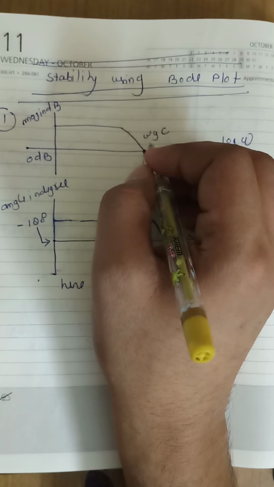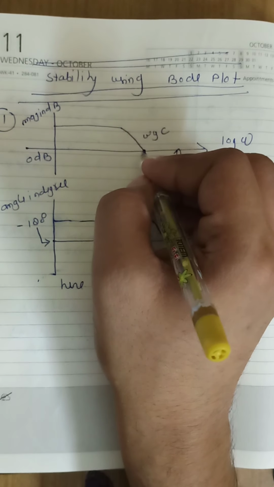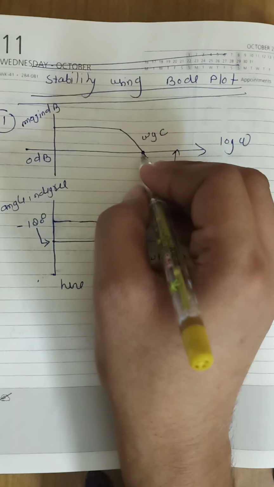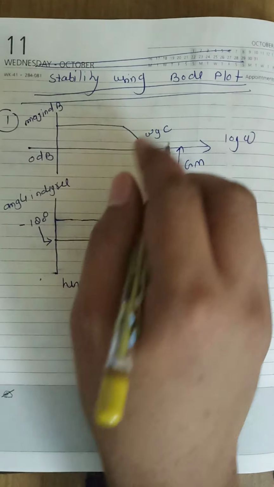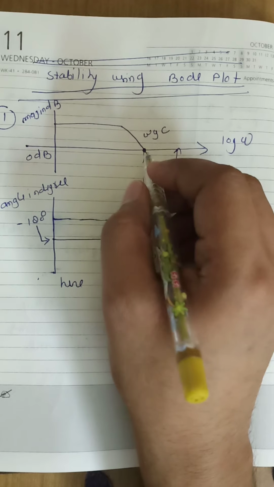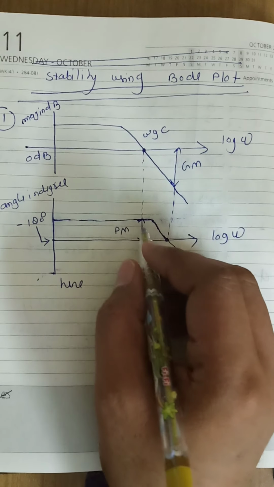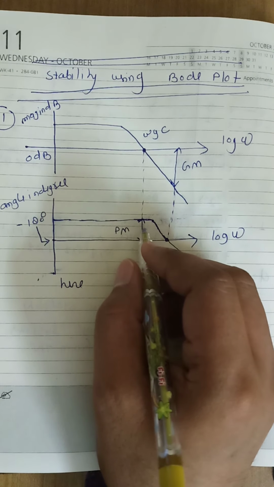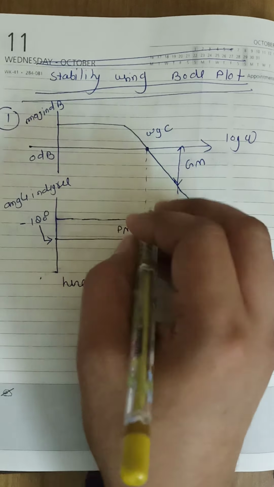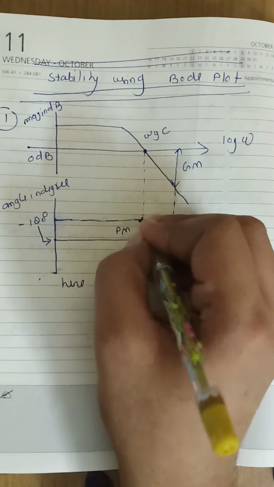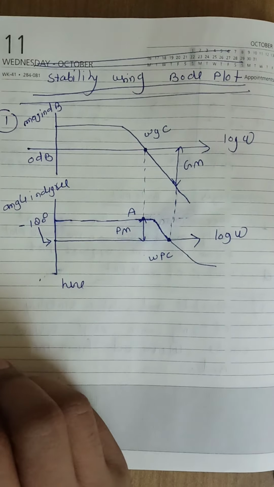After that we will draw a vertical line from the gain crossover point up to the phase plot till it intersects the phase angle plot. Let this intersection point be represented by A.